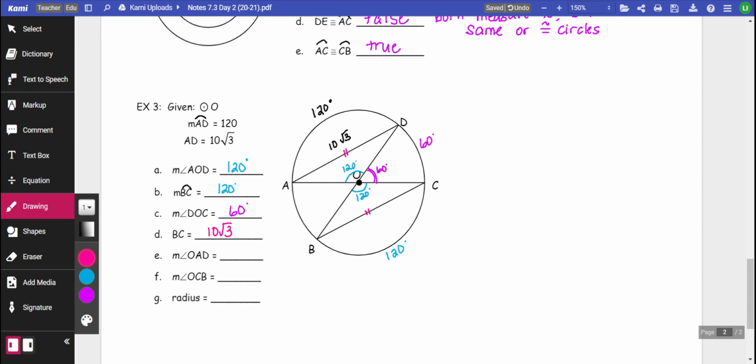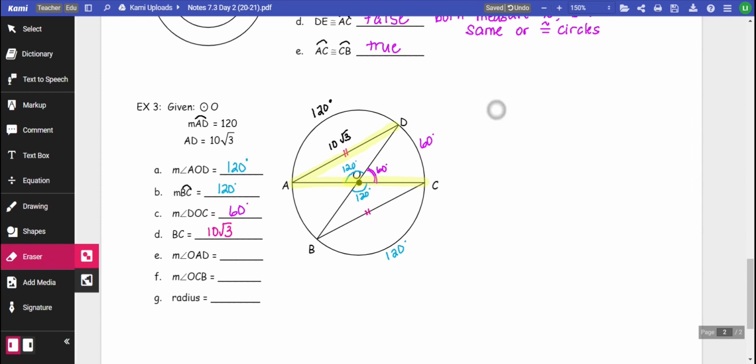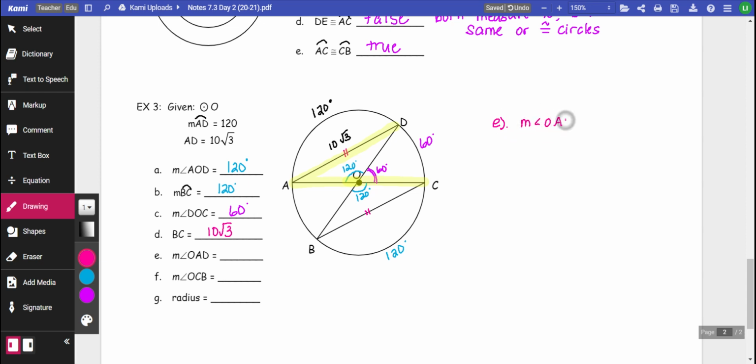Next, I have to find angle OAD. So I'm going to highlight that, angle OAD. Technically, that extends to point C. I should probably go back to drawing and not highlighting. So for part E, the measure of angle OAD.